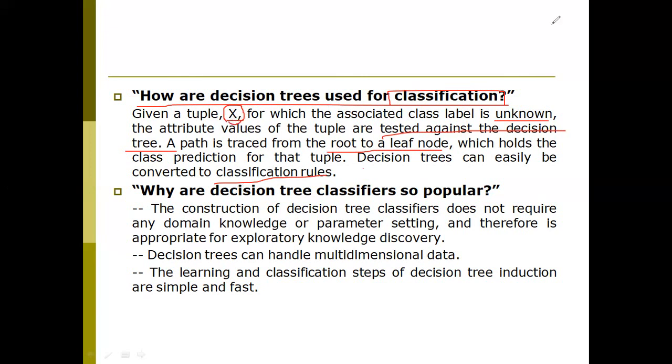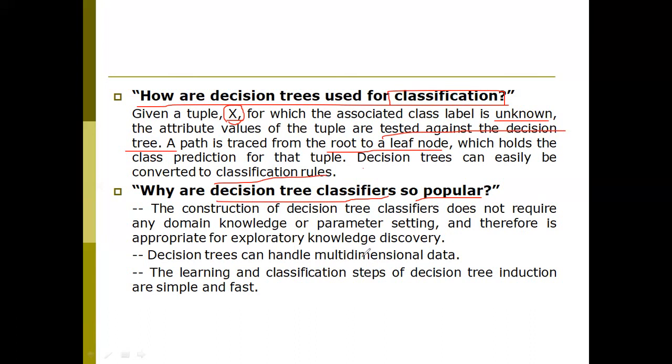Coming to the second question: why are decision tree classifiers so popular? We have discussed in earlier classes that the model is also called a classifier. What is a model?